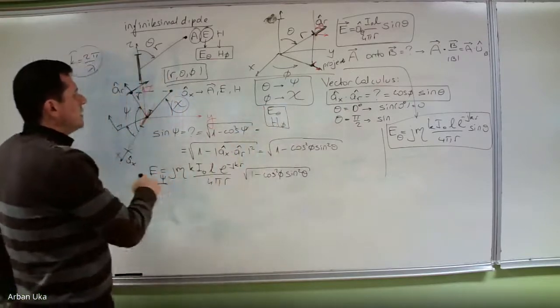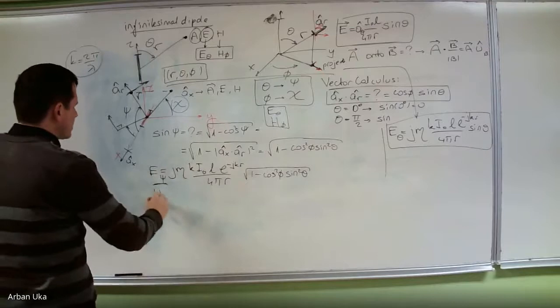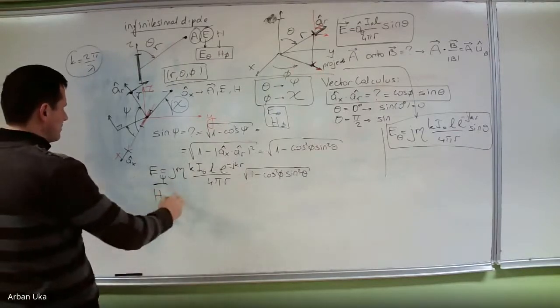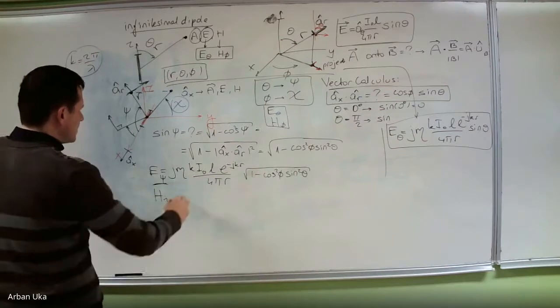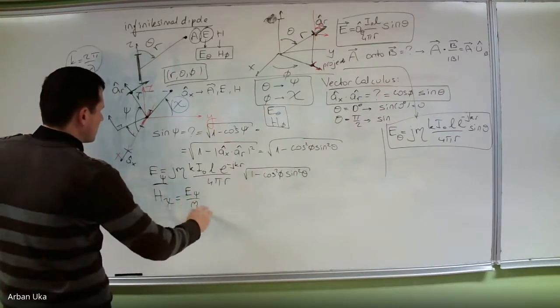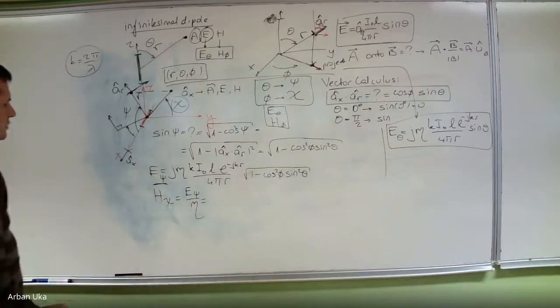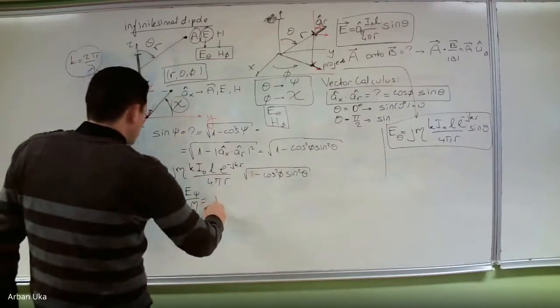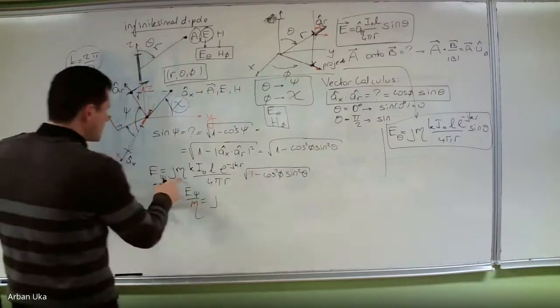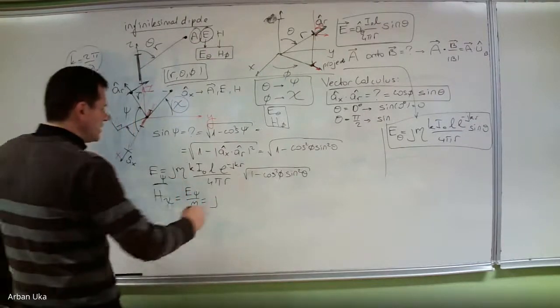Similarly, now we have this component, and this will be associated with H, this Greek letter. And this is going to be equal to, so simply, the magnetic field intensity is going to be equal, so we just cancel out the intrinsic impedance.